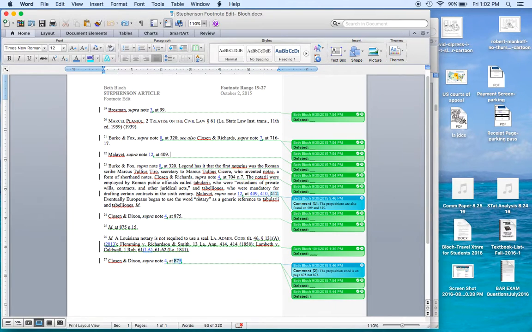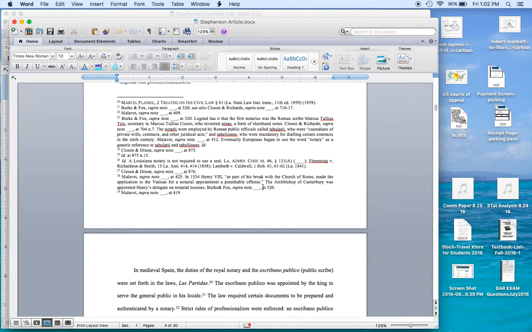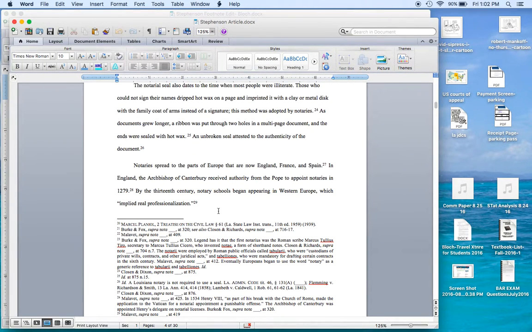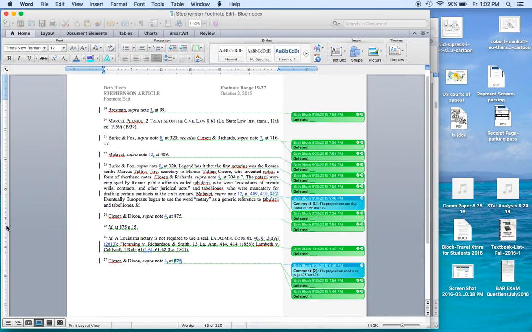Well, whenever I checked the proposition, it was actually at 875. So she was quoting, okay, notaries spread to parts of Europe and are now England, France, and Spain. So that was actually on page 875 and not 876. And I just made a note of that for Ray so that he could see that a little better.